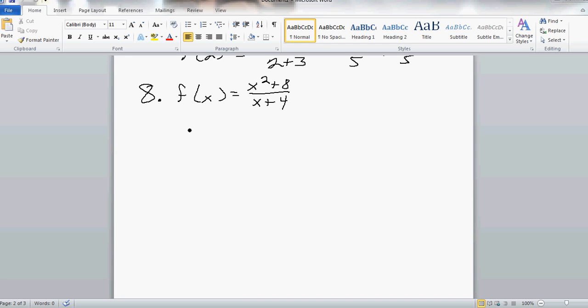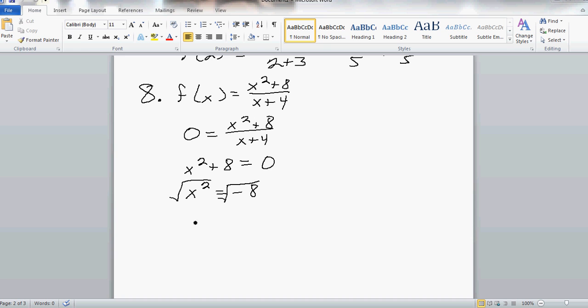So in other words, we need to let f of x equal 0. So we get this particular problem. Now solving for x, the first thing we're going to do is multiply both sides by x plus 4. So we get x squared plus 8 equals 0. Subtract 8 from both sides. x squared equals -8. And when we attempt to take the square root of both sides, we notice that we go into imaginary numbers, and so there's no solution for this particular problem.